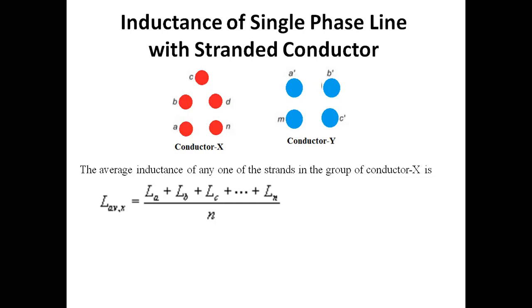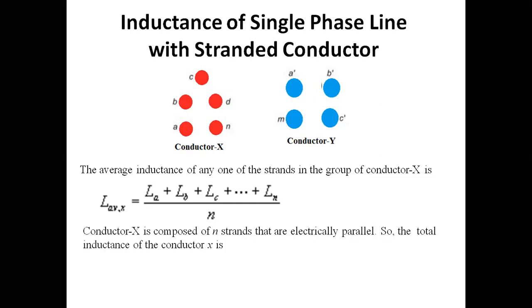After getting this average inductance through each strand, we can calculate the equivalent inductance for conductor X. And when they are taken in parallel connection, this must be divided by N.